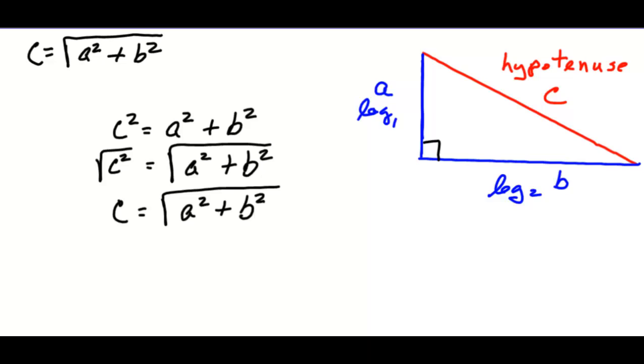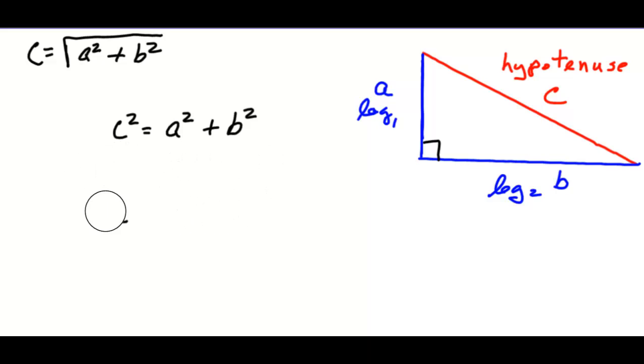Now, it also happens that if you are given the hypotenuse and you want to figure out a leg, you're going to need another formula. So we take our original C squared equals A squared plus B squared, and knowing the basic rules of algebra, we're going to subtract one of the two sides. In this particular case, we're going to subtract B squared from both sides. Now what I get is C squared minus B squared equals A squared.